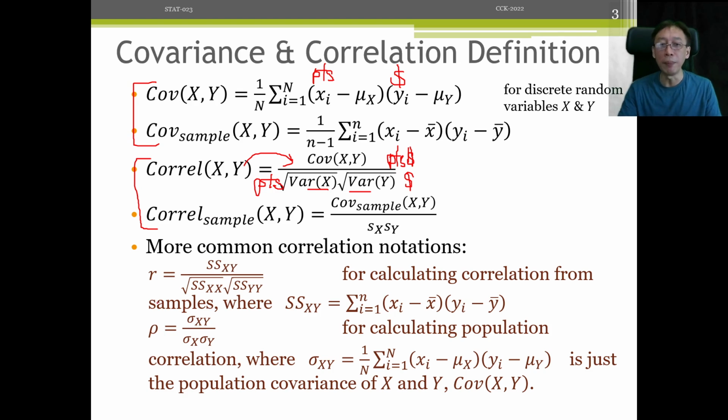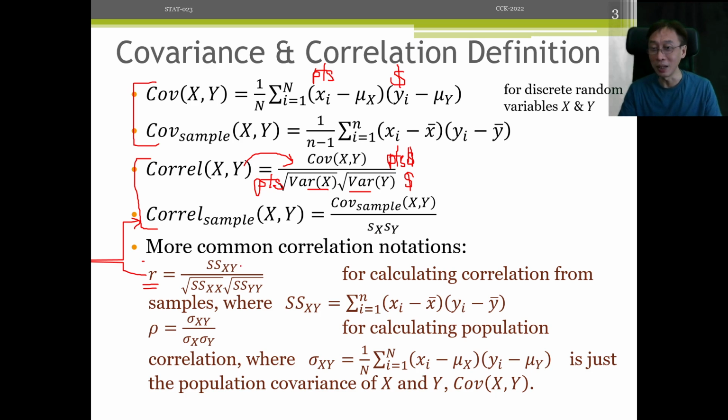Just to wrap up the discussion on the symbols and definitions, we also use r. So r is basically the symbol, because remember it's an alphabet letter, not a Greek letter, so it's sample correlation. And if you look at the definitions, the 1 over n minus 1 and the 1 over square root n minus 1 in the Sx and Sy will cancel out and result in having SSXY.